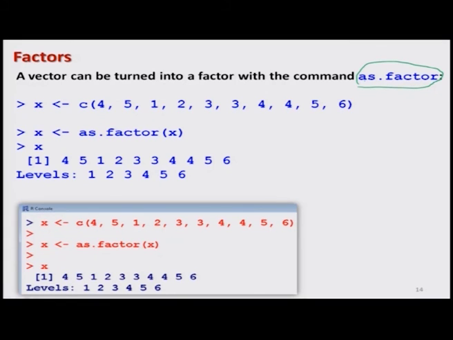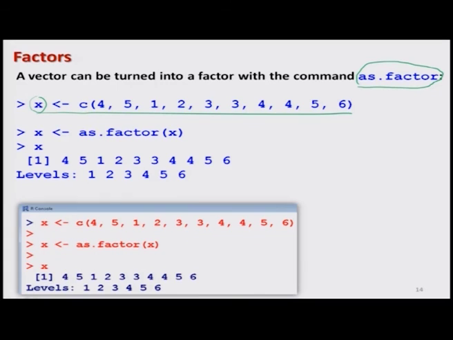For example, if I try to see this example, I am taking these numerical values in the form of a vector assigned to x, and now I want to convert these numerical values into factor.